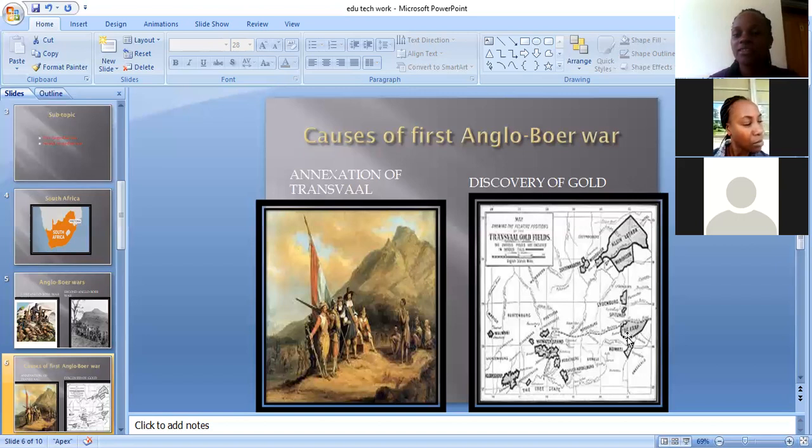Yes, remember at first they wanted to annex Transvaal because of the discovered treasures in that region. And so here in the second diagram, we are seeing the discovery of gold and they are showing Transvaal gold fields, meaning that they used to go to these areas and it is where they got the gold from, which boosted their economic work in order to develop.